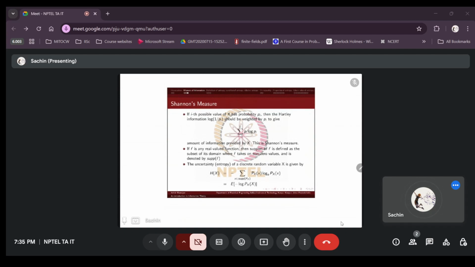Then if pi is the probability of occurrence of the ith value of x, the amount of information provided by x is the negative of the summation of pi log pi, i equal to 1 to L. And this particular function is called the entropy of the random variable x.